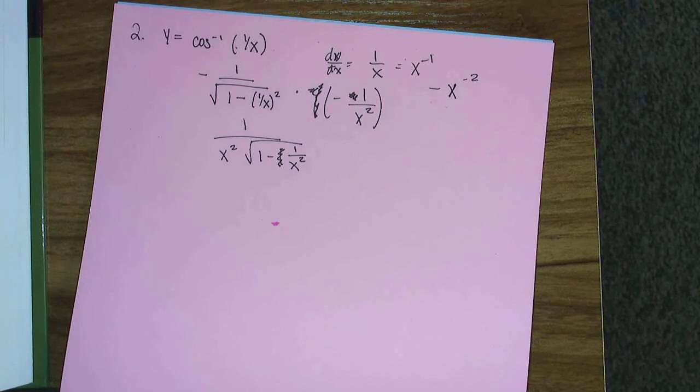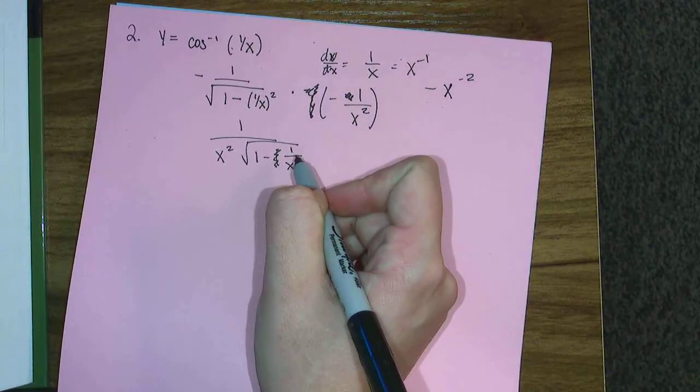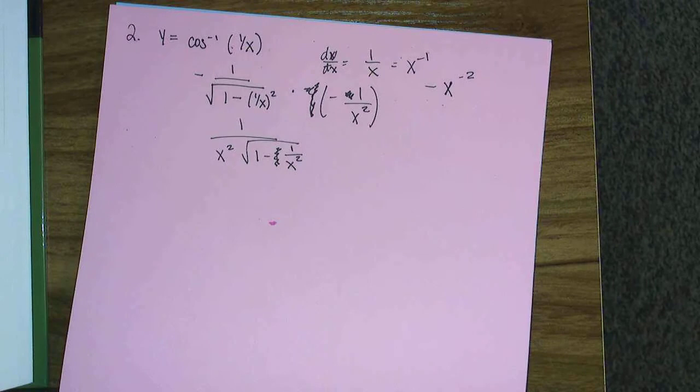I think they have a typo here. Your book says we're taking the arc cosine, right? Okay. Then this would be true for this problem. The answer that the book has is 1 over the absolute value of x times the square root of x squared minus 1, which would be for cosecant, I think.